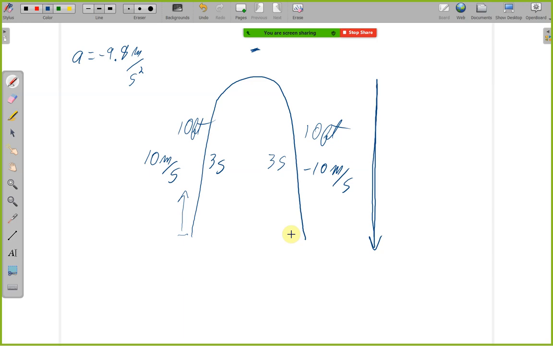Now, follow me on this one because this is going to get a little tricky. Ready? Suppose I launch it right here with 10 meters per second, v sub 0, my initial velocity. So I launch this at 10 meters per second. As it goes up, what's happening to my velocity?